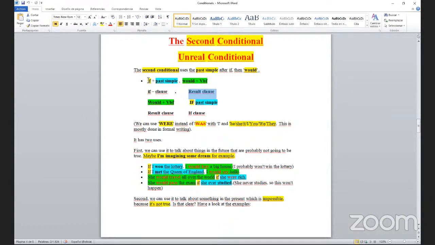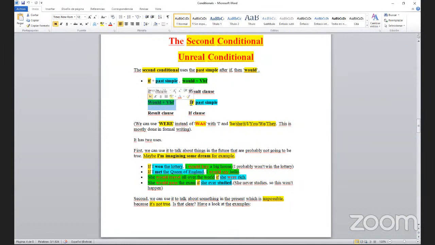Okay, we can start some exercises in this way, but in other exercises in conditionals, we can start with the result clause. If we start with the result clause, we're going to start with would, but we're not going to use a comma here, okay? Why? Because I have if, and if works like a comma. So it's not necessary.